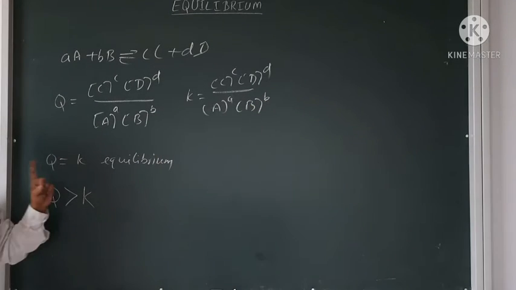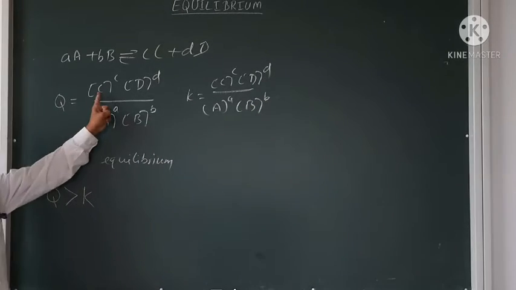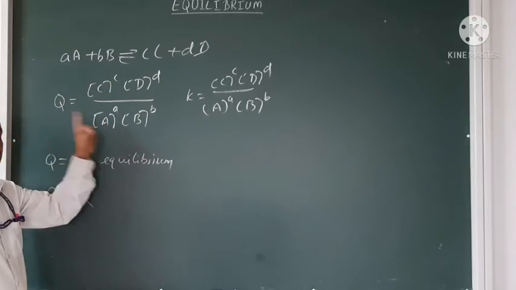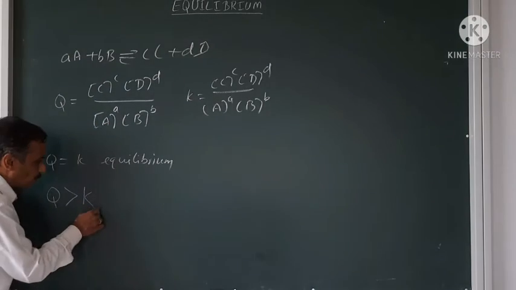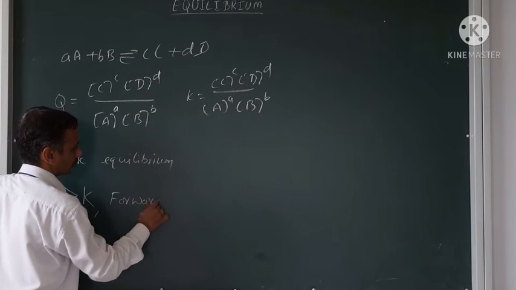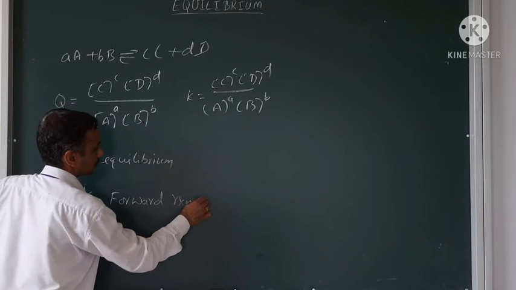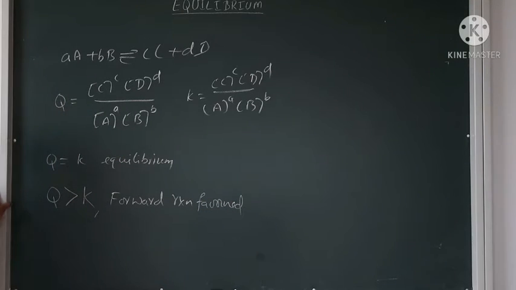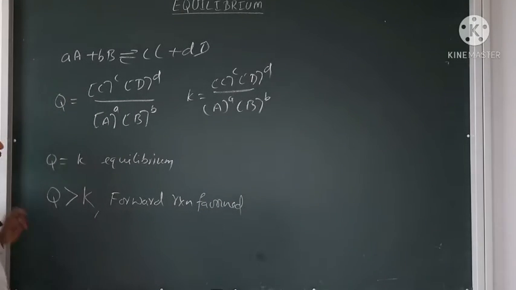So Q greater than K means definitely this concentration should be more and this concentration should be less. Means when Q is greater than K, the forward reaction is favored. Note this.